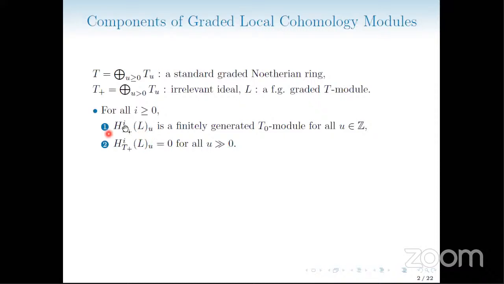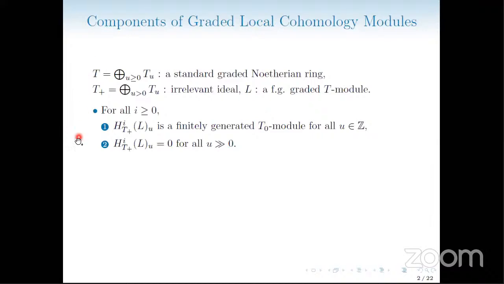There are several applications of these local cohomology modules in the study of Hilbert coefficients, associated graded rings, Serre algebras, and many more. And it is known for long that its graded components are finitely generated T0 modules, and for large values of u, they vanish. And this vanishing of the local cohomology module is used to define another fundamental invariant, which is called the Castelnuovo-Mumford regularity.